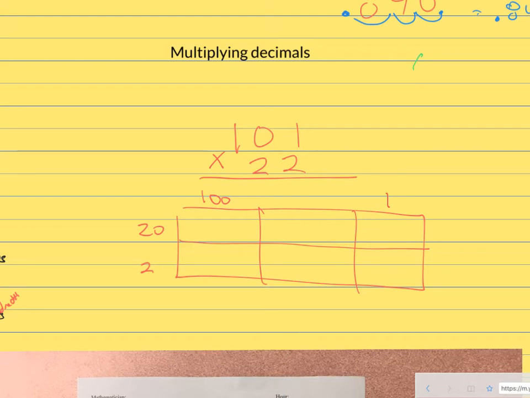All right, so 2 times 1 is 2. 2 times 100 is 200. 100 times 20 is 2 with 3 zeros, 2,000. And 20 times 1 is 20. All right, let's add those up.